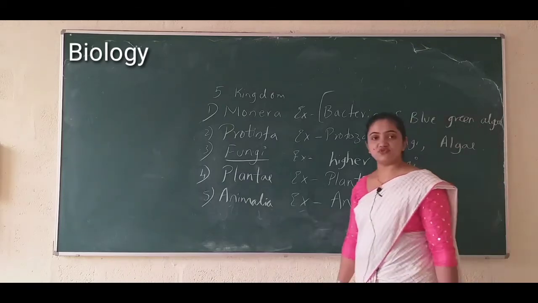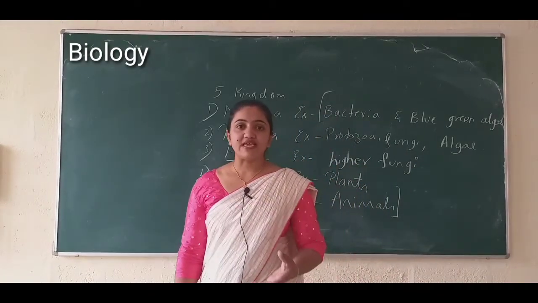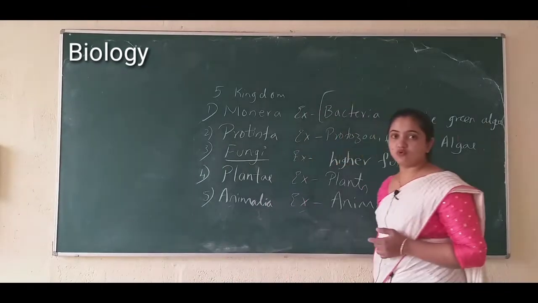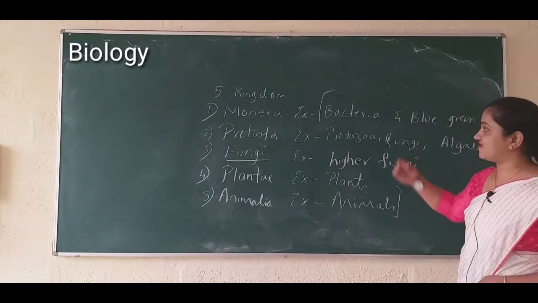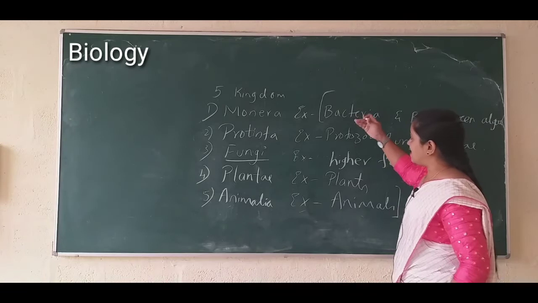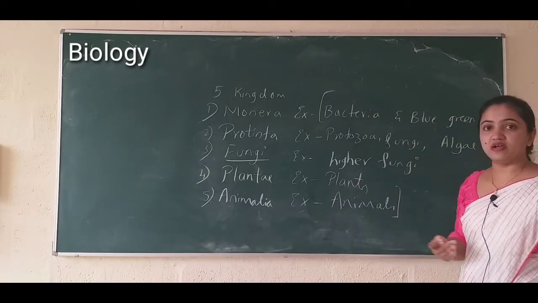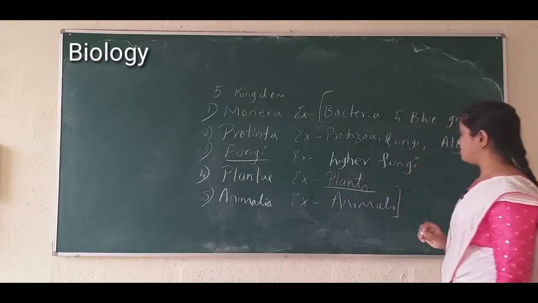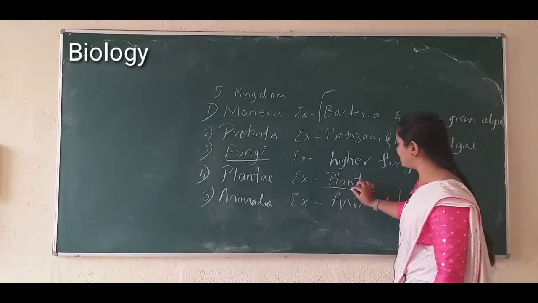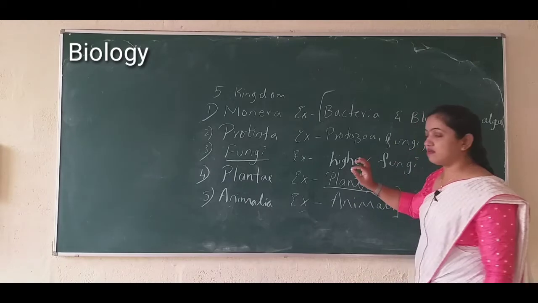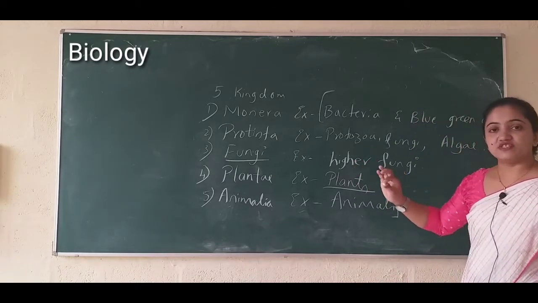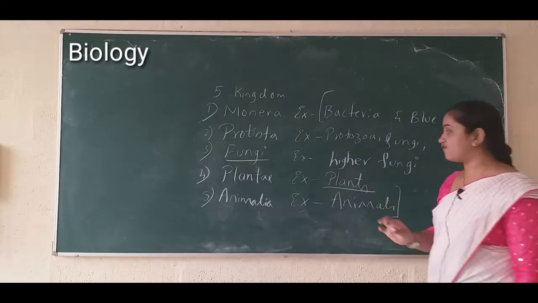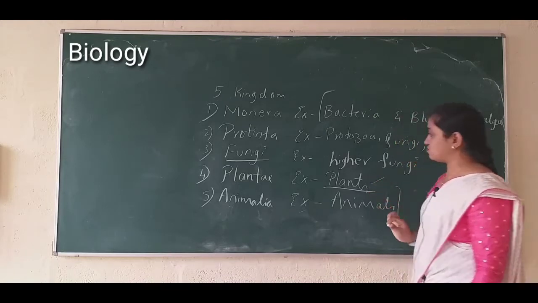Their mode of nutrition, how they eat, what they consume, what the food of the different organisms is, they are dependent on one another. For example, plants are the organisms which produce food. They are known as autotrophs.